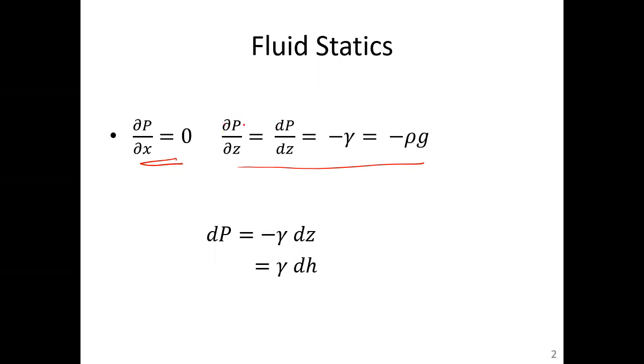Once we found out that the other horizontal coordinates weren't involved, then we got from that ordinary derivative. And again, instead of looking at z direction being positive upwards, we could look at the h direction, which is positive downwards. And the reason for that is in either case, the positive or increasing pressure direction is downwards.